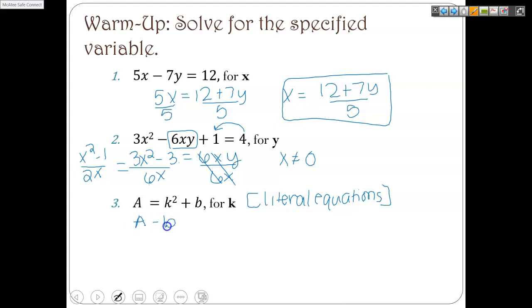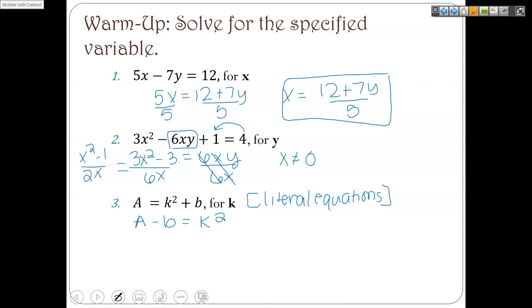So we would say a minus b equals k squared. But to get rid of something squared, we take a square root. When we take the square root, we create 2 solutions, the positive and negative, because anything squared always pops out positive. That means that there are 2 possible values of k.